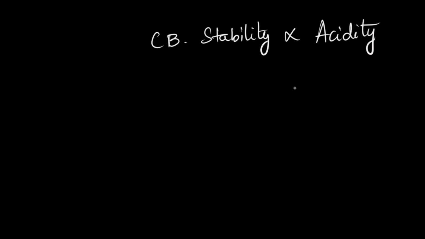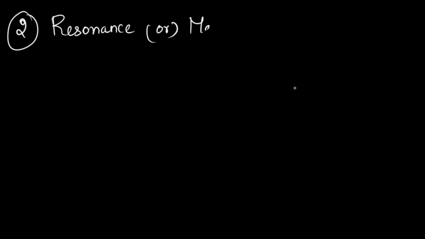Right. So the next effect we are going to talk about is the resonance or mesomeric effect. This is a very simple effect and a very important effect to be remembered. Where did we hear about the term resonance?